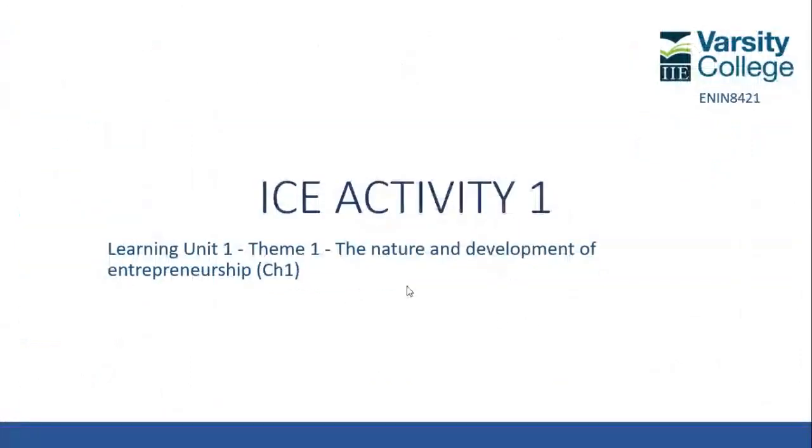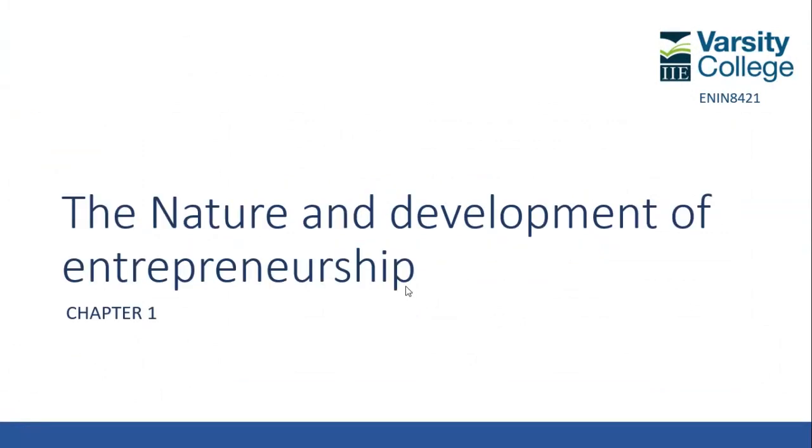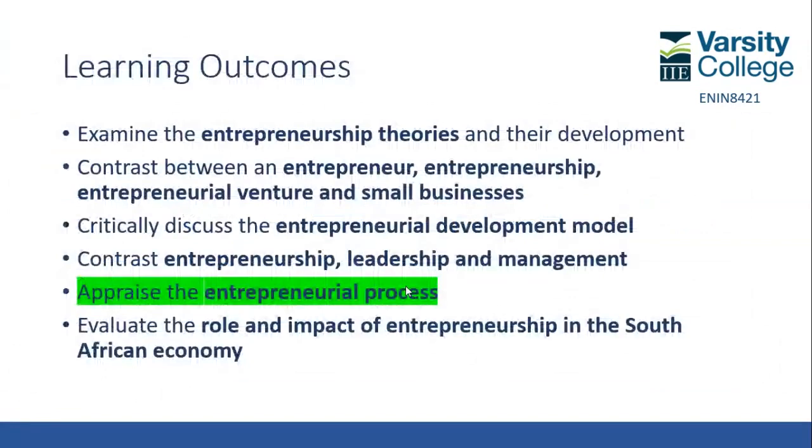We said that we are doing learning unit 1, theme 1, the nature and development of entrepreneurship. So this is really about where entrepreneurship comes from. Now, the learning outcomes that we had discussed in that learning unit, we examined the entrepreneurship theories. We had to contrast between an entrepreneurship, entrepreneurial venture, and small businesses.